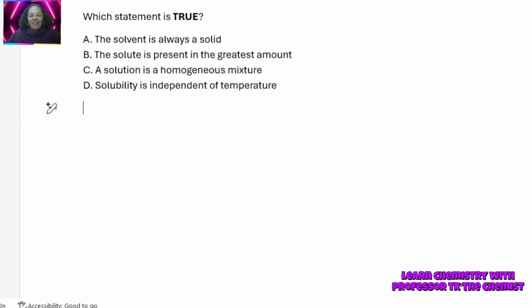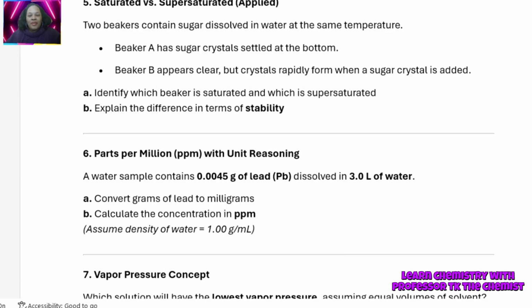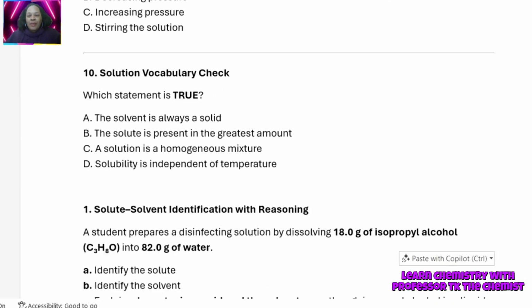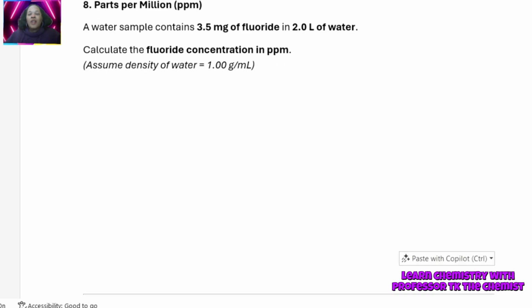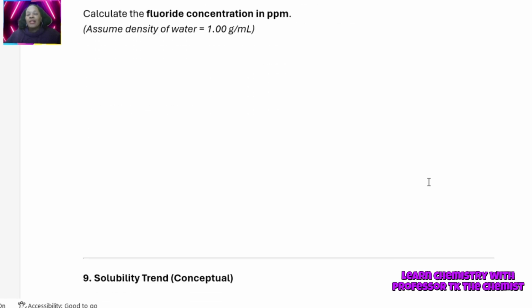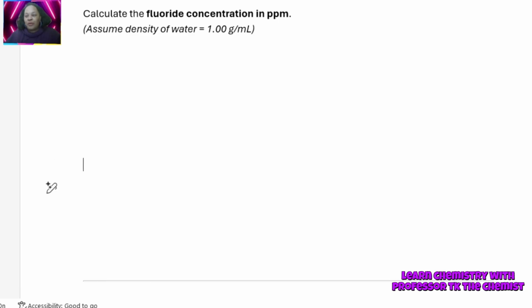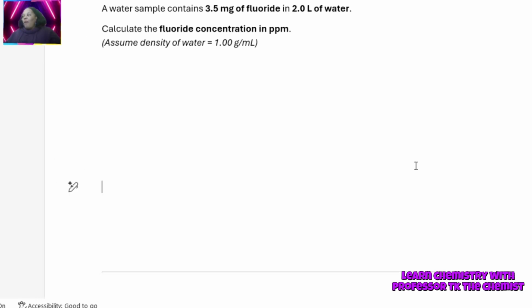Okay, y'all ready for the next ones? Let's go back up to number 8, parts per million. You've heard this phrase before when we talk about the water system being messed up because of people putting chemicals and poisons in the water.